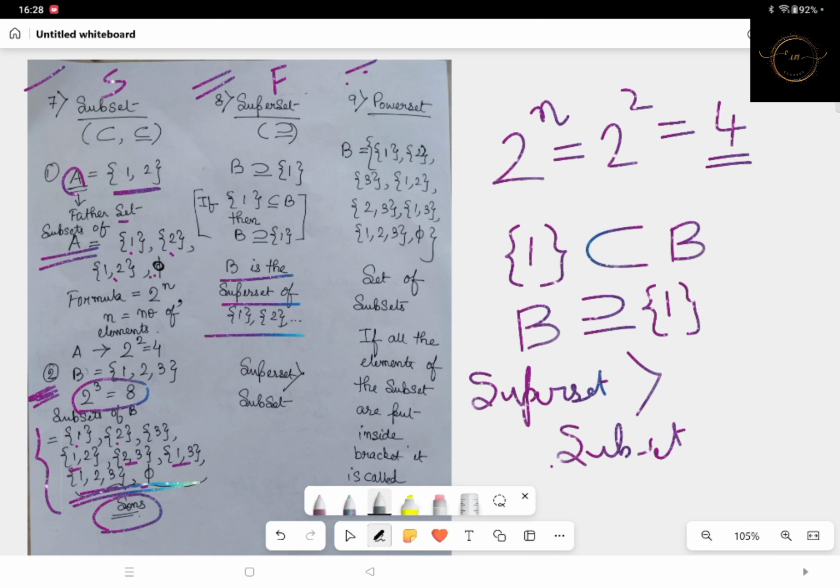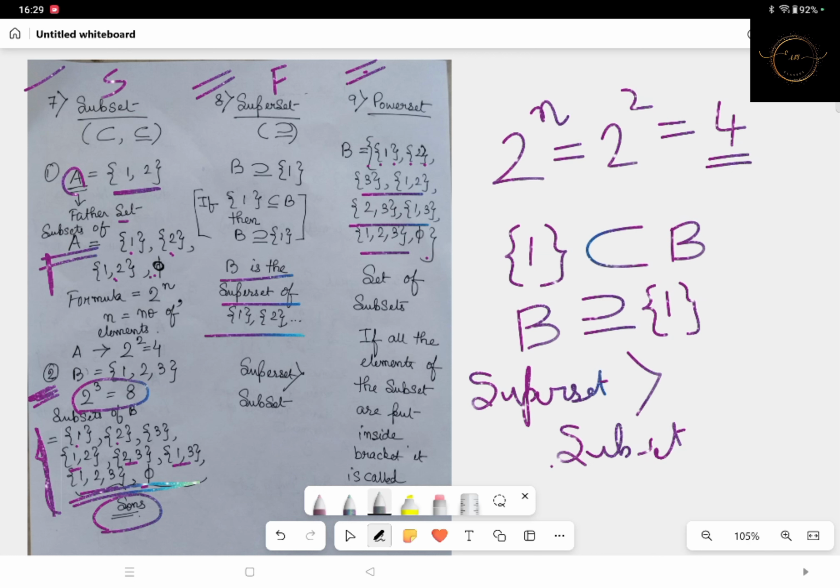Coming to the third part, that is power set. Now what is power set? From this part you have understood that these are all the subsets of B, or these are all the subsets of A. Now if you write all the subsets of B, and then if you put curly braces in the beginning and in the end as I have written, then it will be called a power set.